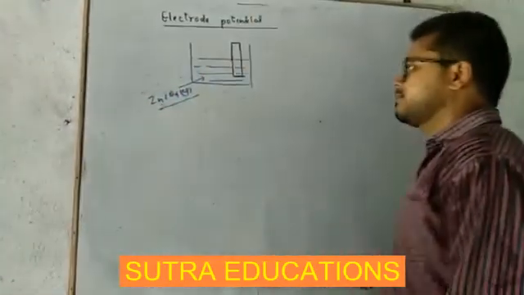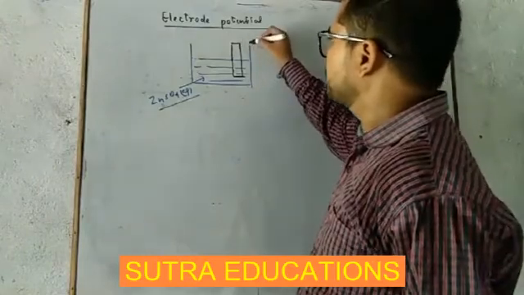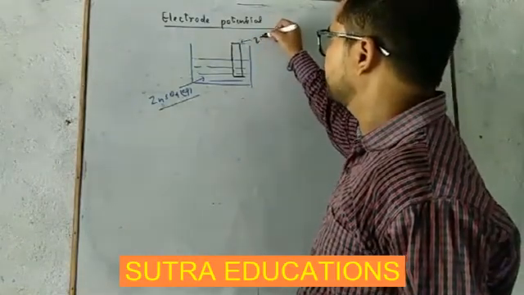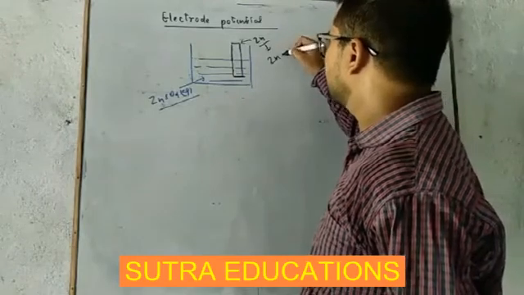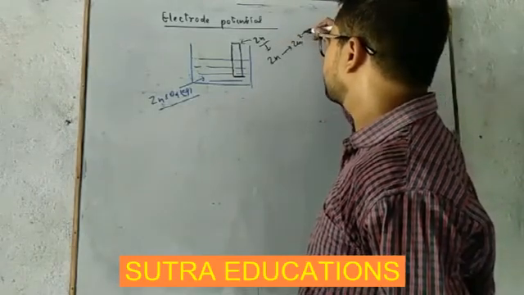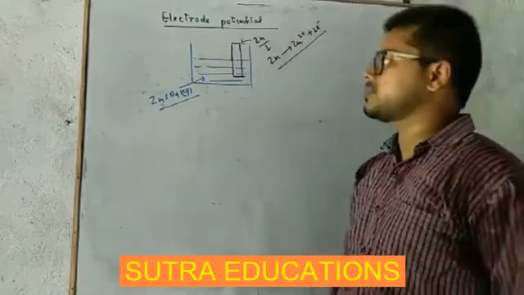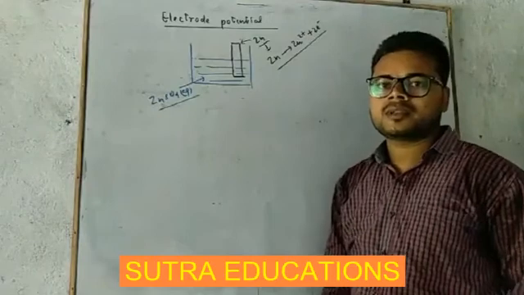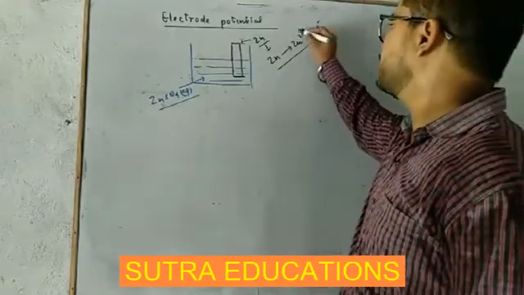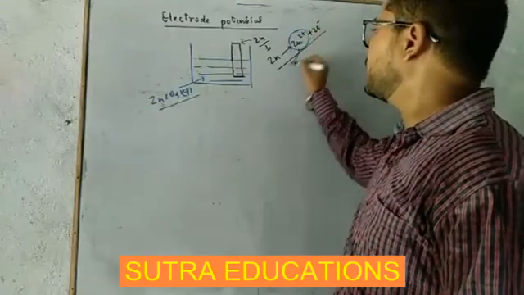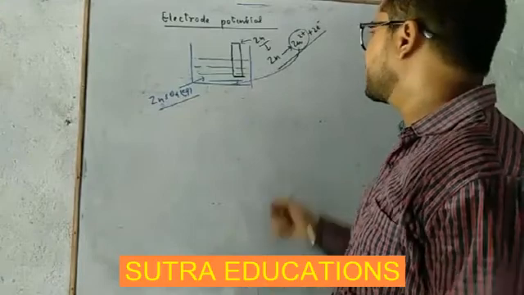So what will happen? This is zinc. I told you zinc has a tendency to oxidize. So zinc will become Zn2+ by releasing 2 electrons. Then what will happen? One possible case is that this Zn2+ will flow into this ZnSO4 electrolyte.